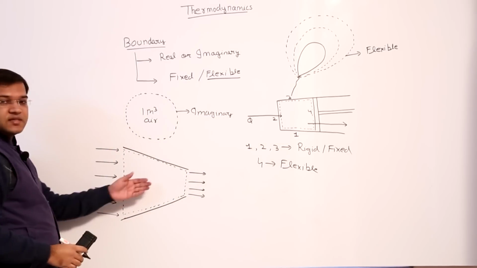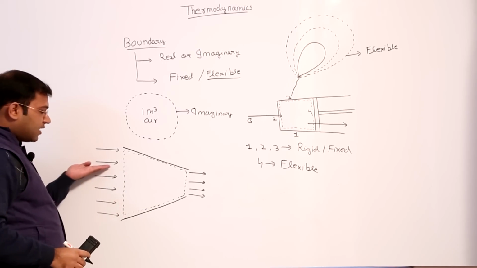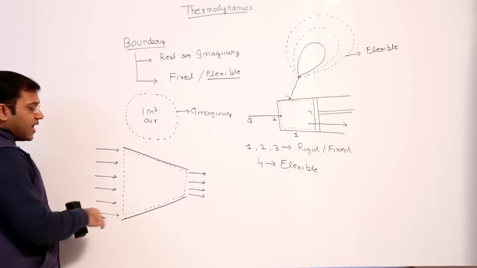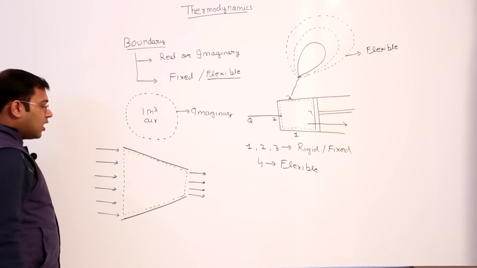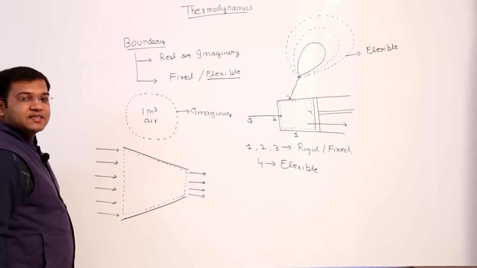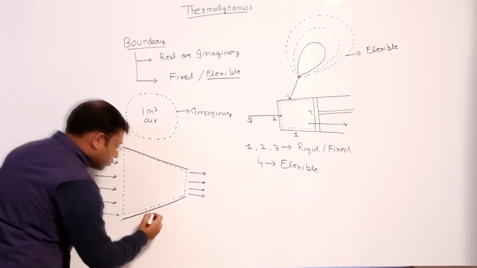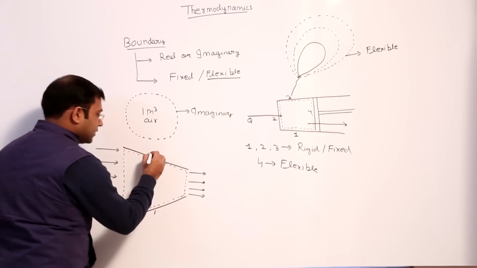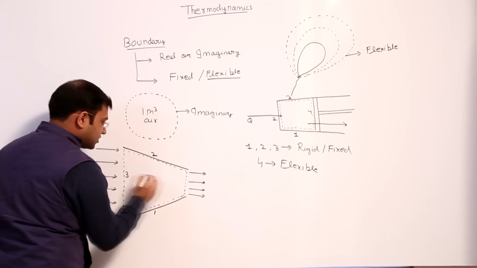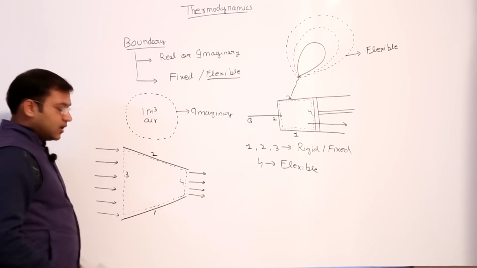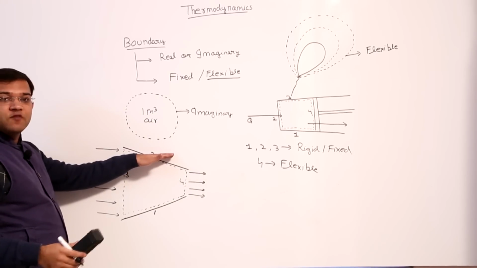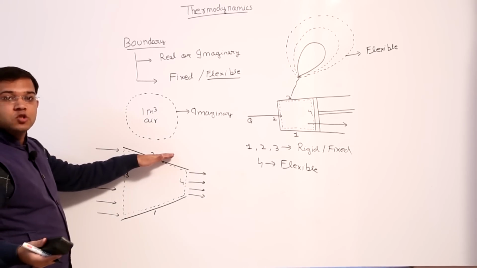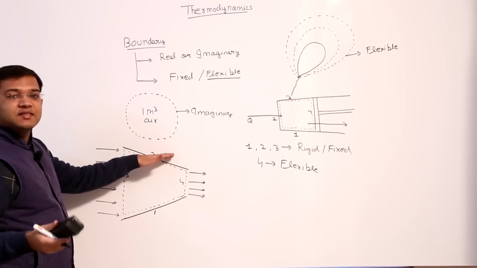Now see, this is a nozzle. From this side our fluid is entering and high velocity fluid is exiting from this cross section. This dotted line represents our system and it has four surfaces: surface 1, surface 2, surface 3 and surface 4. Surface 1 and surface 2 are surfaces of the nozzle, so they exist practically.